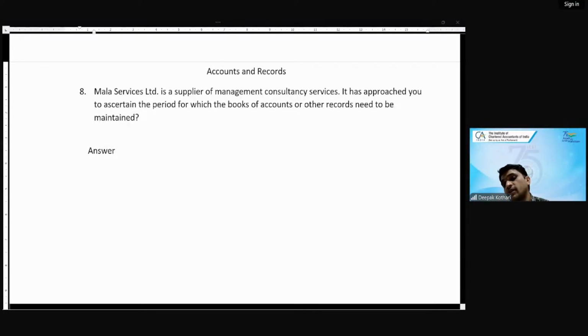If any officer comes in October, you will tell them you have filed your returns in September, so your time limit is over. Is that what you're saying, Mr. Manivanan?